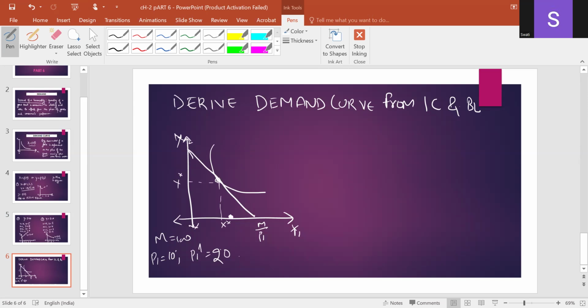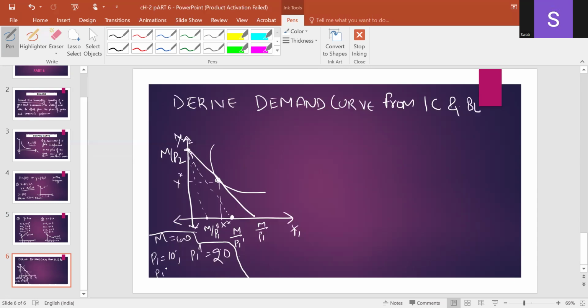So just for the sake of representation, I have drawn M by P1 dash over here. Now I have here M by P2. And this is M by P1 double dash.